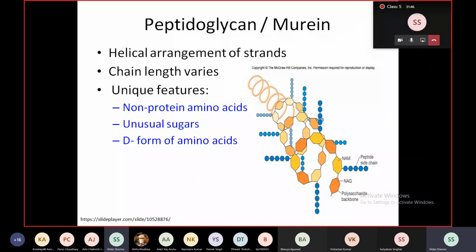I'm not sure if you know this, but the D form of amino acids are not otherwise found in cell proteins. In fact, this has a significance as a protective mechanism of the prokaryotic cell against proteolytic enzymes which a cell makes to break bonds between L forms of amino acids.